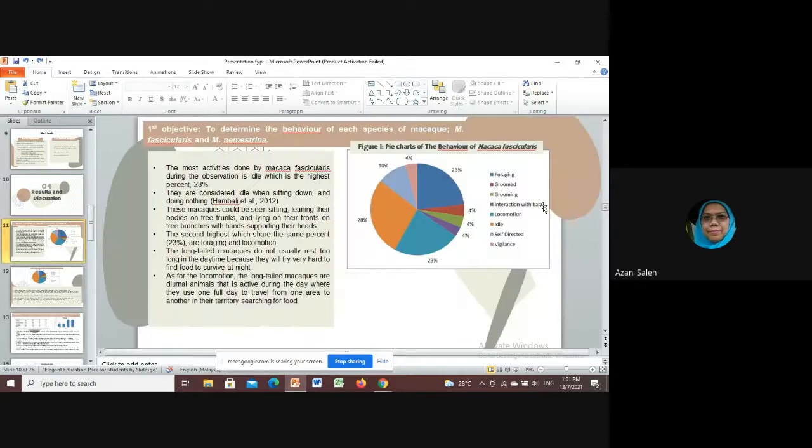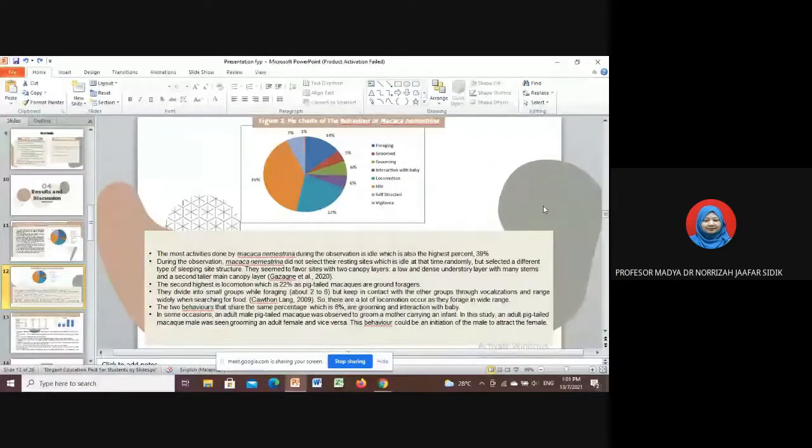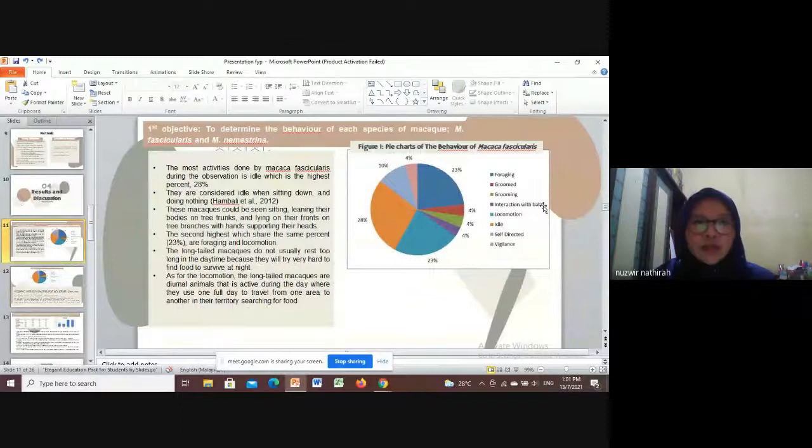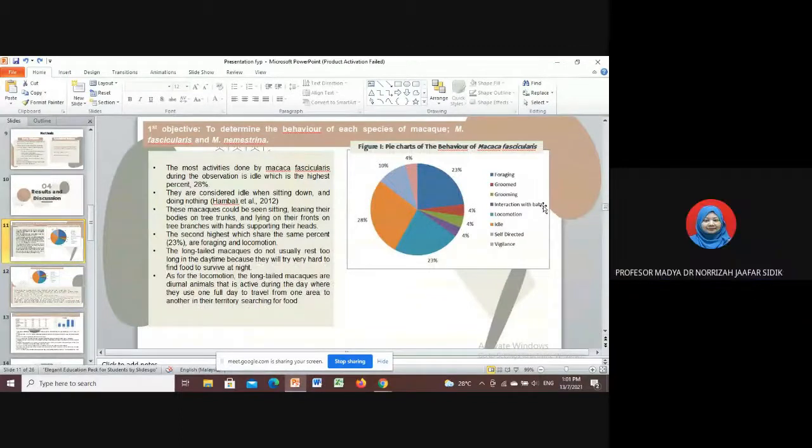Okay, other questions, panel? Okay, you have chosen 2 species, right? Yes, doctor. So from the observation, among these 2 species, is there any difference? What are the differences in terms of behavior?